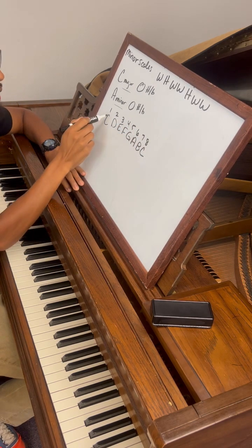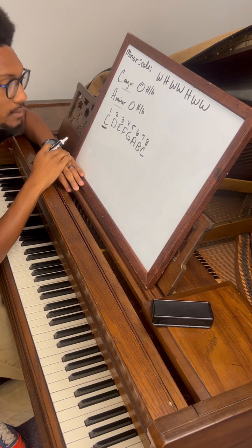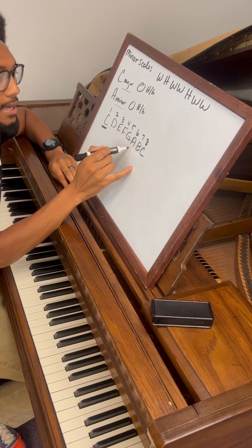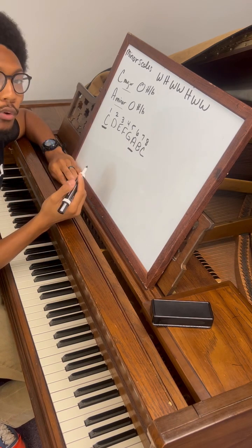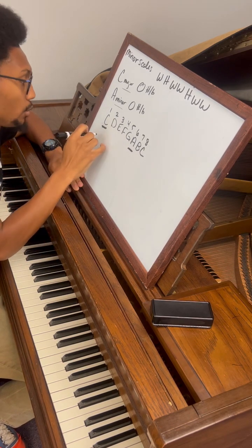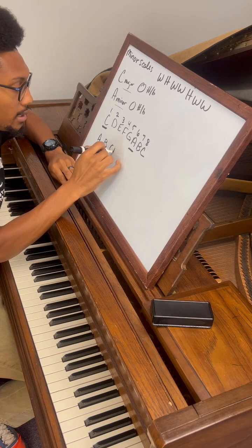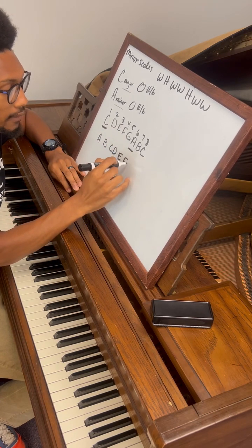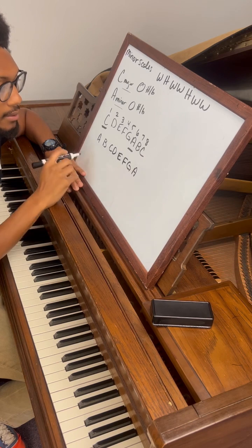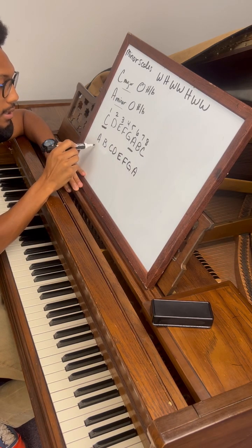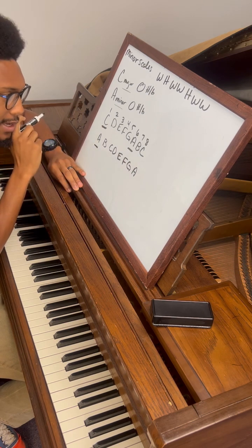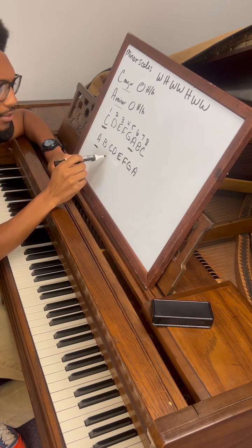You can see that we have C in the first position, and we have A in our 6th position. If I was to write A, B, C, D, E, F, G, A, we can see that the notes swap positions. We've got A in our first position now, but C is in our 3rd position.